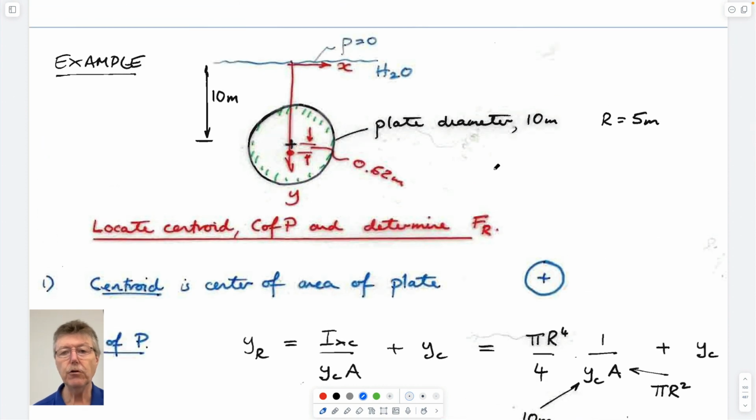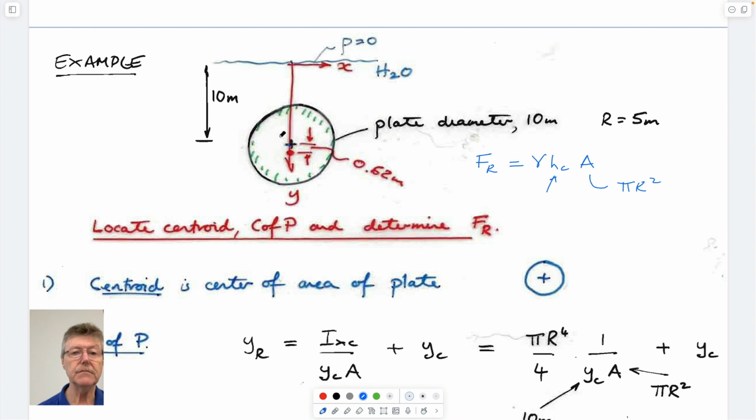We know that the force, the easy one, is the resultant, which is going to be equal to the unit weight of water times the depth of the centroid multiplied by the area, pi r squared. What's h sub c?